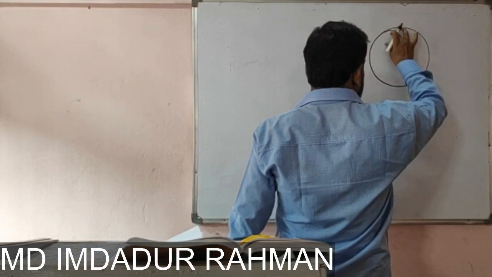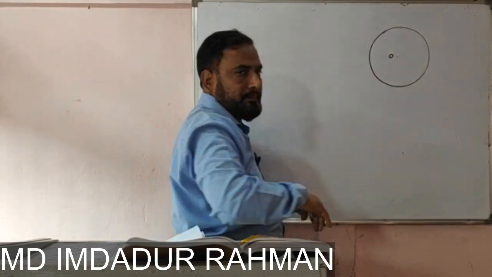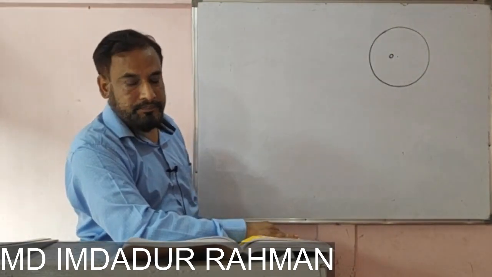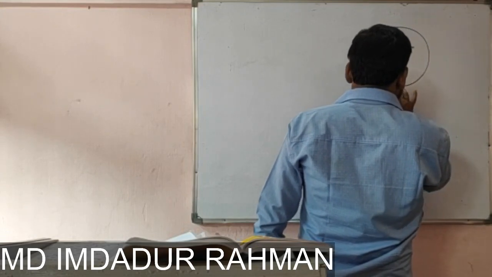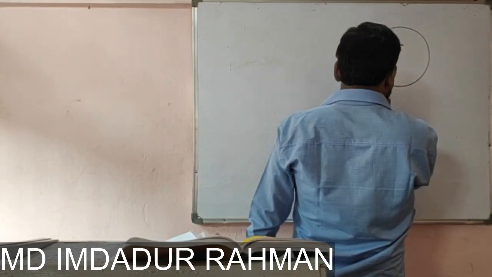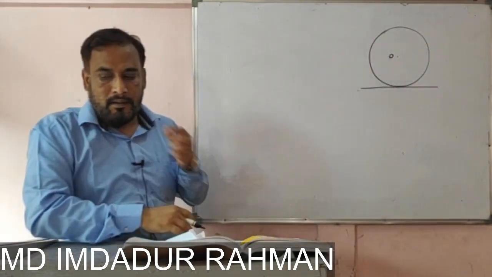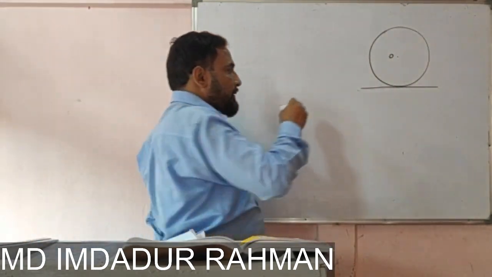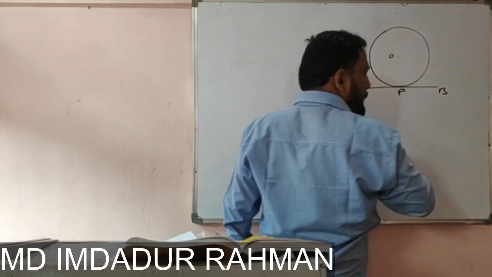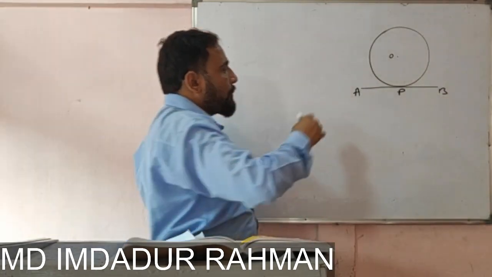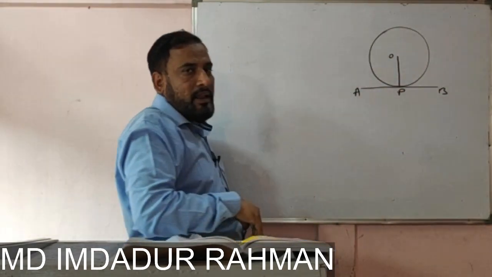Suppose this is a circle having center O and this is a tangent AB whose point of contact is P and OP is perpendicular to AB.